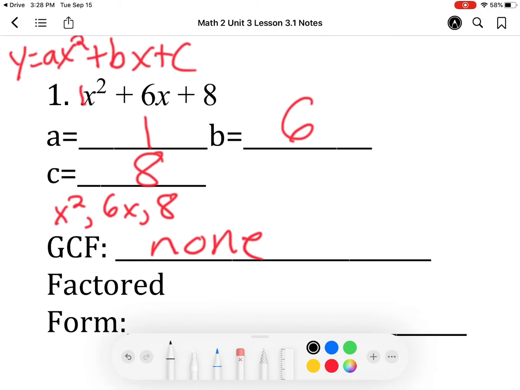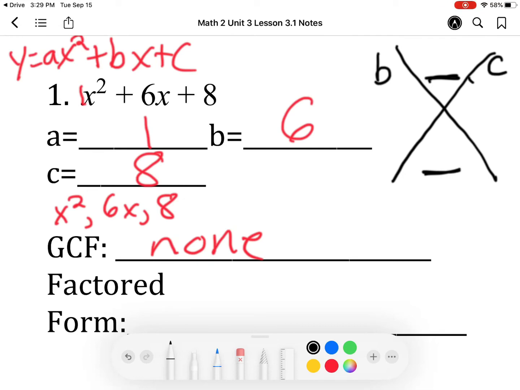What we have to do for the big X method is we're going to take our B and put it on the left side, take our C and put it on the right side, and we want 2 numbers that multiply to get C. We also want these magic numbers, or these special numbers, to add to get B. So in this case, our B is 6 and our C is 8.